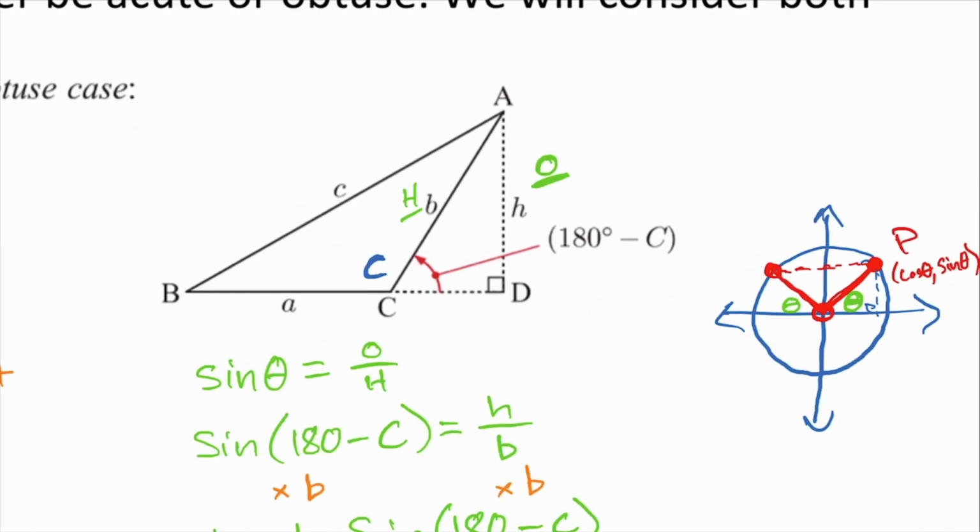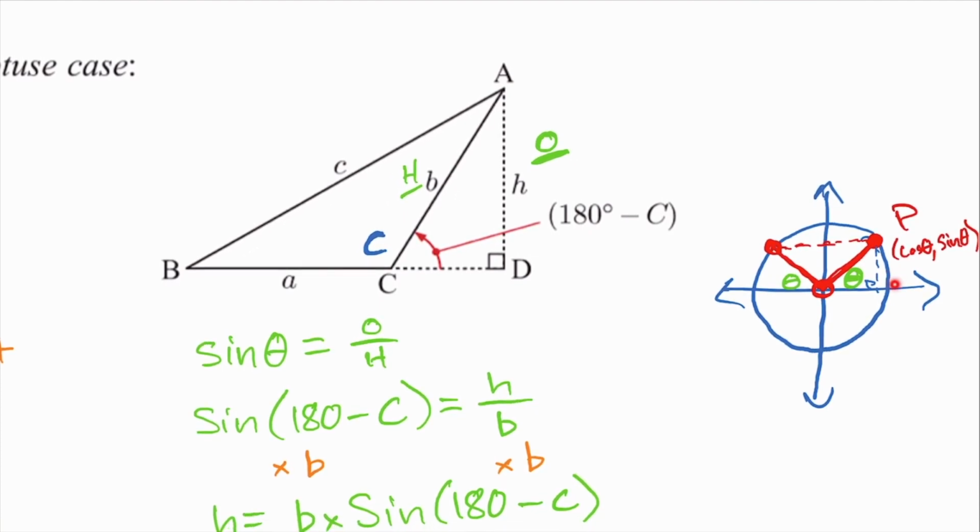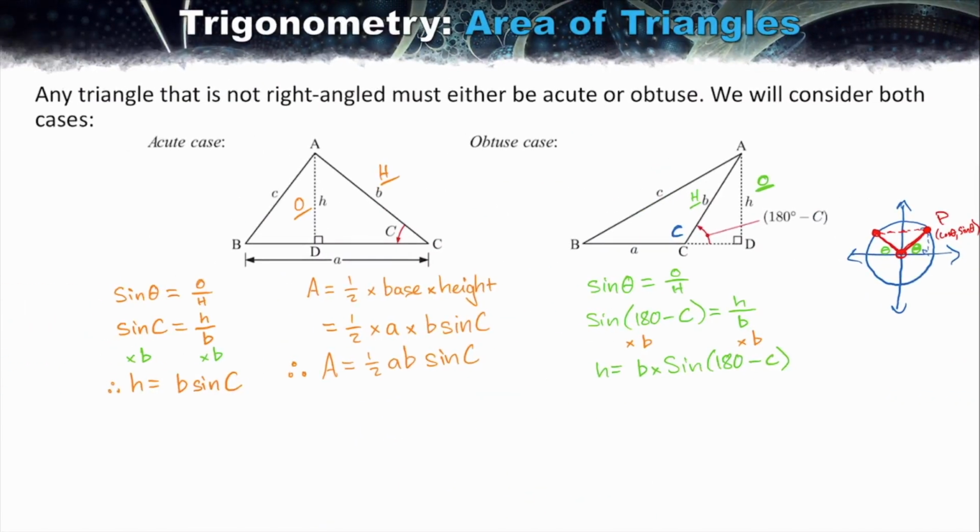What this means here, and I can actually zoom up on this, is 180 degrees minus our angle here will actually have the same y coordinates as just the theta. So what that means is 180 degrees minus our reference angle, the sine of it, this is really important, is actually just equal to the sine of the reference angle.